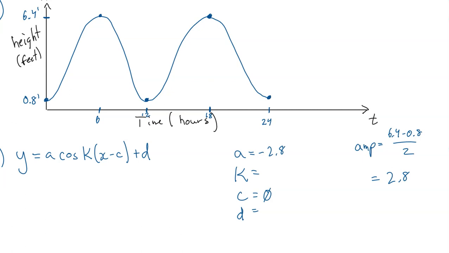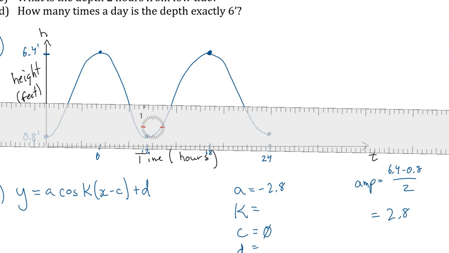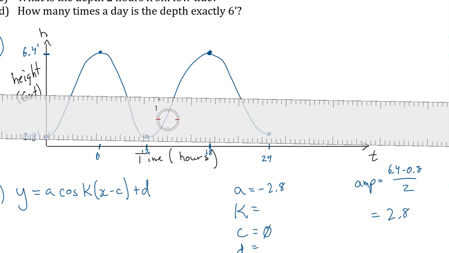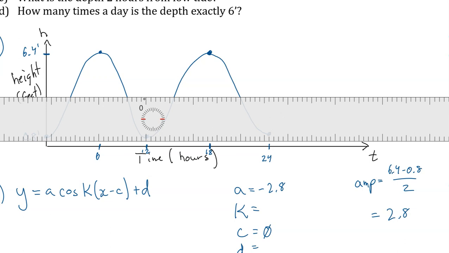To find the middle of them, I would do 6.4 plus 0.8 divided by 2. But I think the easier way, does anybody know what the easier way might be to find the D? So the zero line, I'm just going to eyeball it, is going to be in the middle, right? So maybe right there.